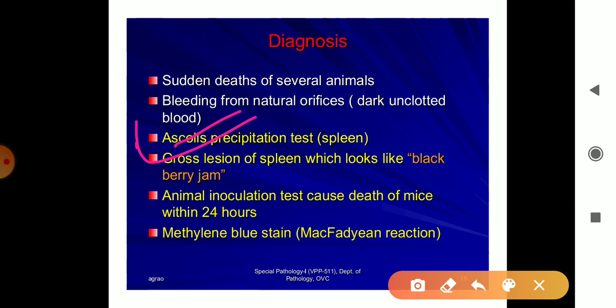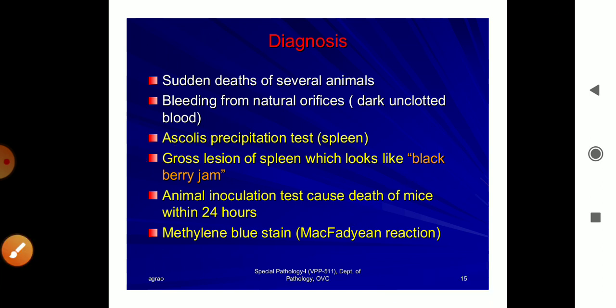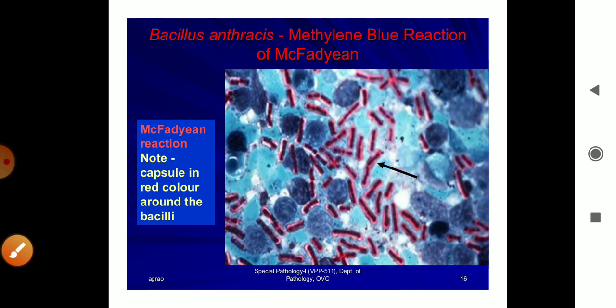The spleen is heavily enlarged and looks like blackberry jam. Under the methylene blue stain we find a bamboo-like structure, and that reaction is known as the M'Fadyean reaction.